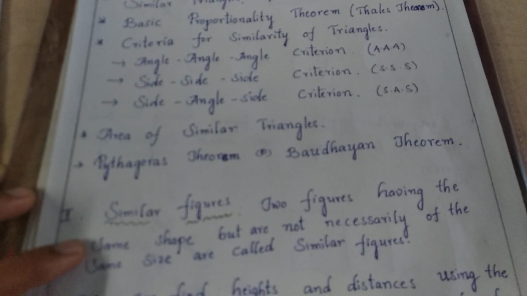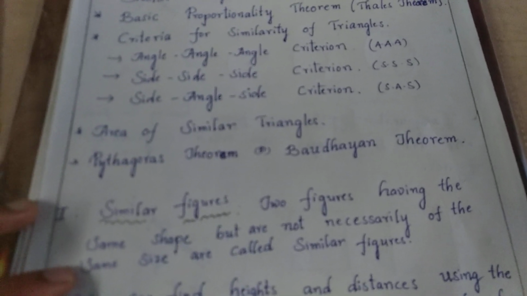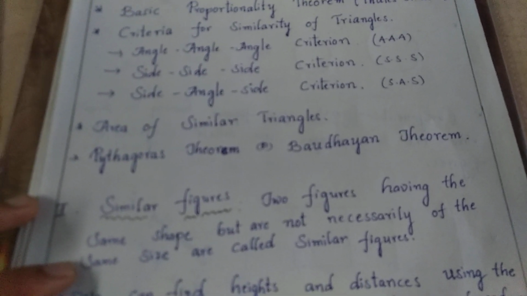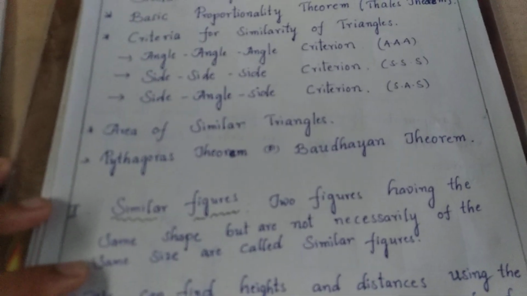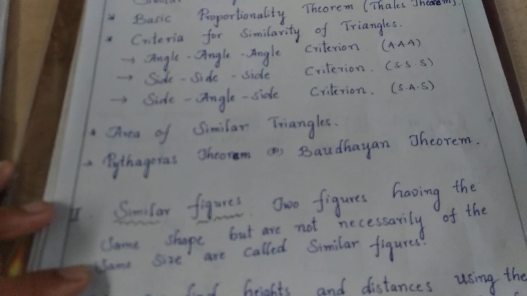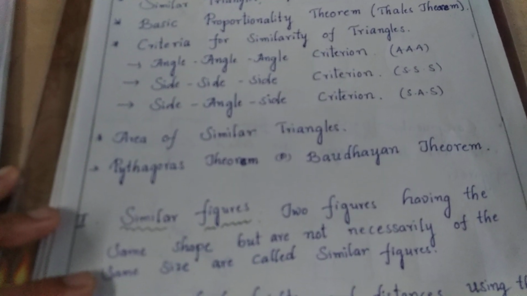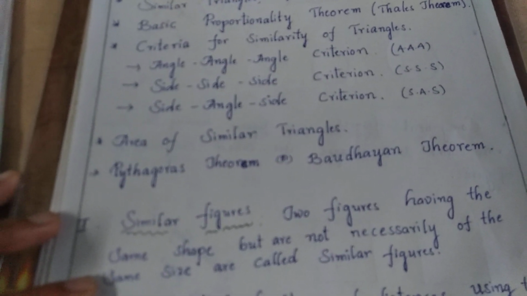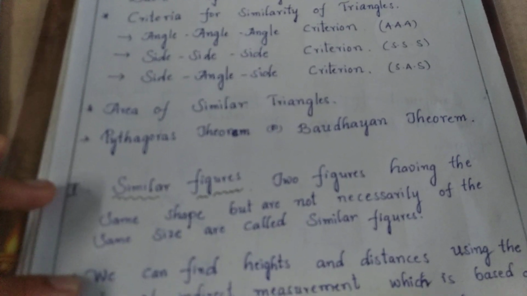Two figures having the same shape but not necessarily the same size are called similar figures. Did you understand? If you have any two triangles whose shape is the same but sizes are not, that is called similar figures.